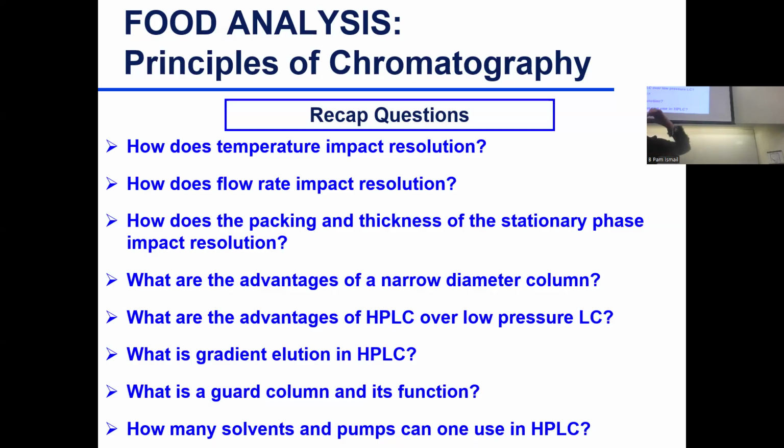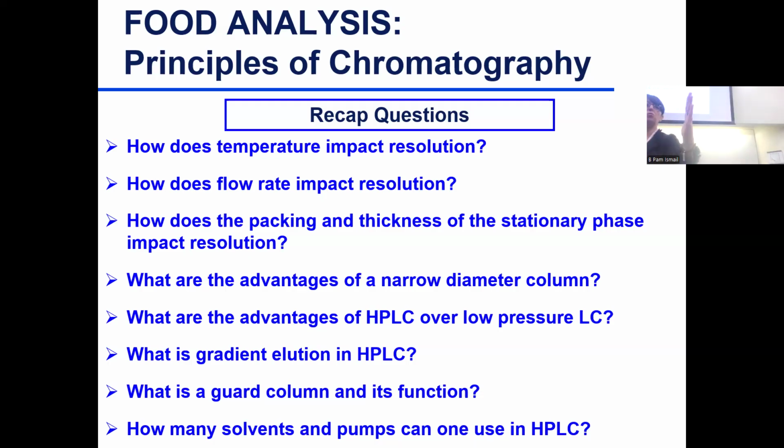The thinner the stationary phase, also the faster the equilibrium, so better resolution. But you're not wrong here, because you need to think: do I want capacity or do I want better resolution?